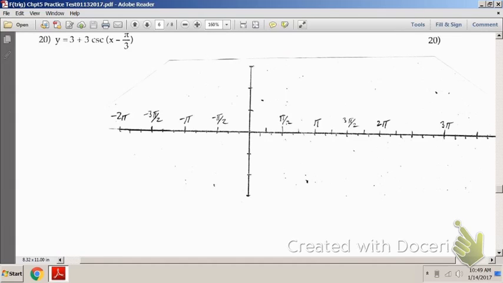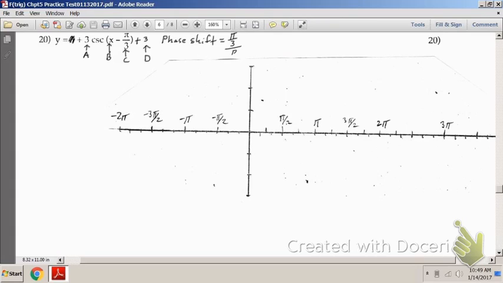Okay, back to being tedious again. What do I have? I have a vertical stretch. I've got an upward shift of 0.3, and I have a horizontal shift. Remember that 3? It's not in the parentheses, so I apply it to the y.